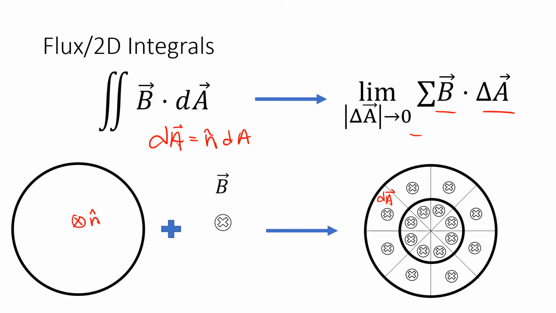To do that, I do the contour integral that way, and then if B is increasing, the flux is also increasing. It's easier to think about. But back to that. For circles, we do the normal r d theta dr, and that's your dA, and then your n hat makes it your vector, like that.